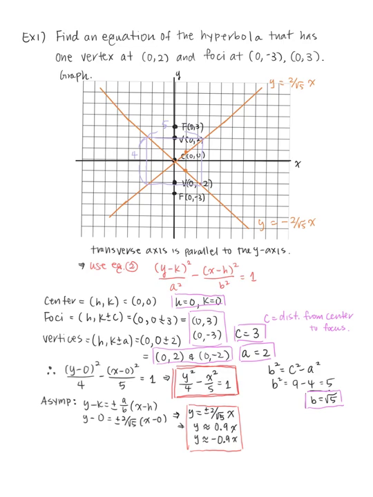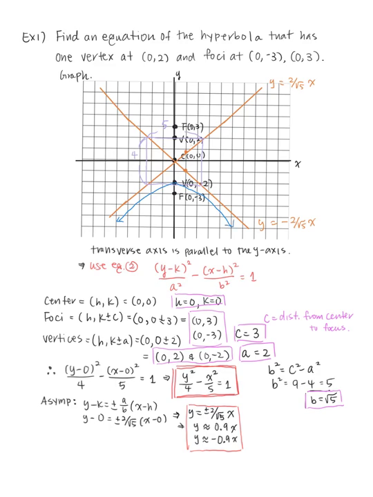Okay, now the moment of truth. I'm going to try to graph this out. Let me just go from the vertex and go towards the asymptotes. I'm trying to draw an equivalent graph here. Hey, that's not too bad. That looks kind of good.